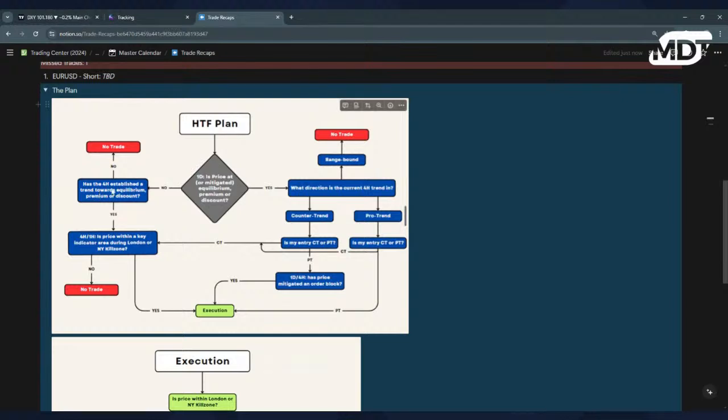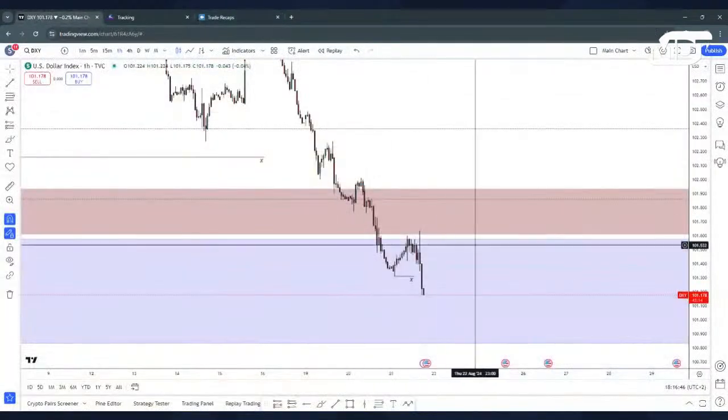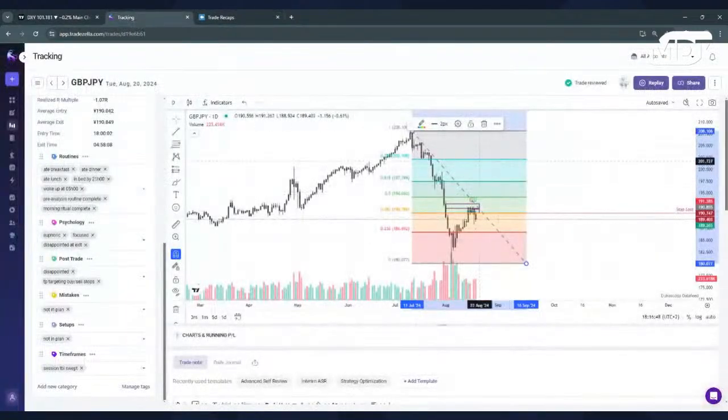but I know what it was at the time that I drafted it, because I'm technically saying that price doesn't have to be in that daily EPD, but we at least need to be pulling back to that. Obviously if we're not in premium, it must mean we're in discount, and if we're in discount, then obviously we're favoring longs.